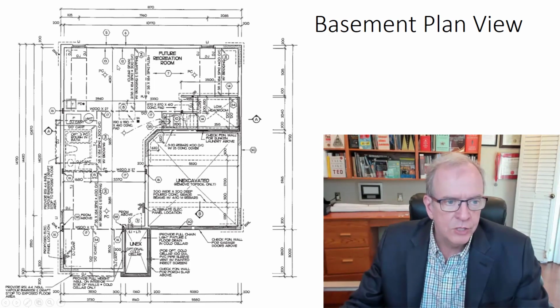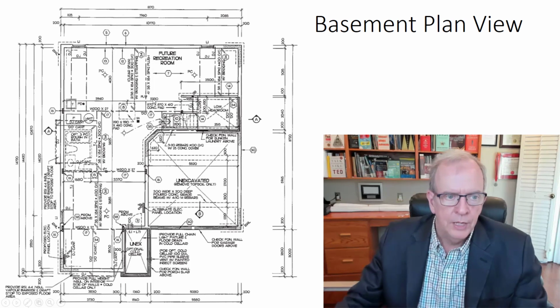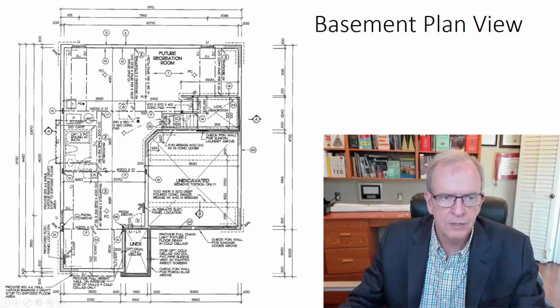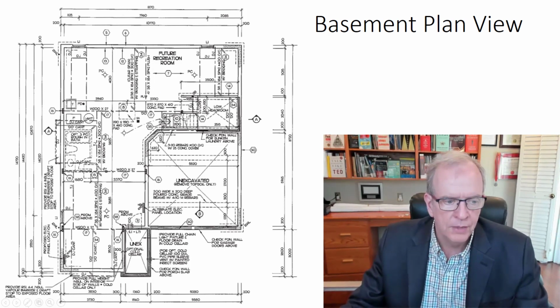In this case, these are using dimensional lumber, so they can be taken straight from the building code, and there are tables in the building code. Except for the doubling. The doubling would require an engineer's stamp because that's a little bit unusual, but these spans could be done that way.